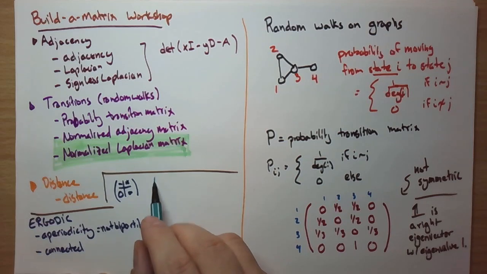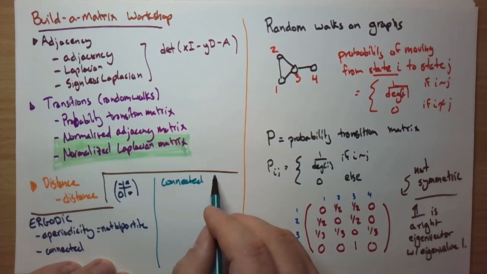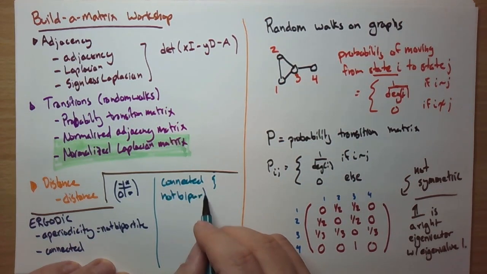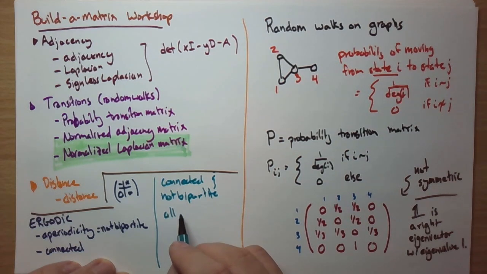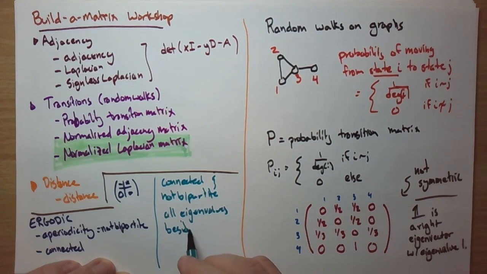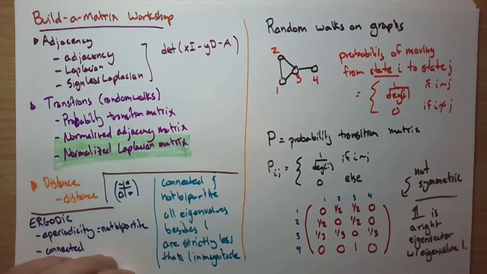So if you have these two things, if you're connected and not bipartite, then you can actually say that all other eigenvalues, besides 1, are strictly less than 1 in magnitude. That's a very useful thing, and we'll point out something that comes from that in just a second.